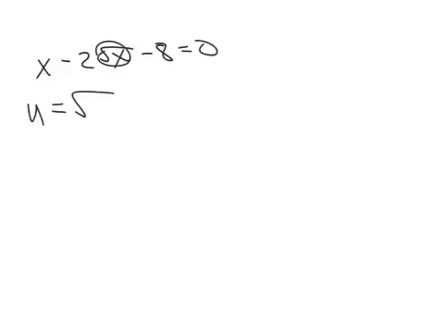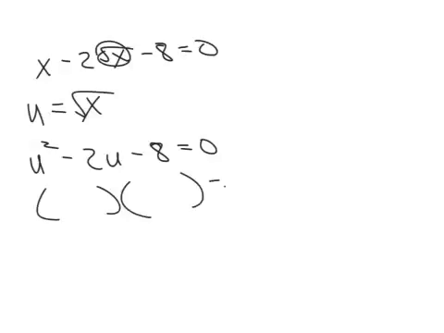Let's look at 27: x minus 2 square root of x minus 8 equals 0. You set u equal to this middle one and write it as u squared minus 2u minus 8 equals 0, and solve for u. So u is equal to 4 and negative 2.